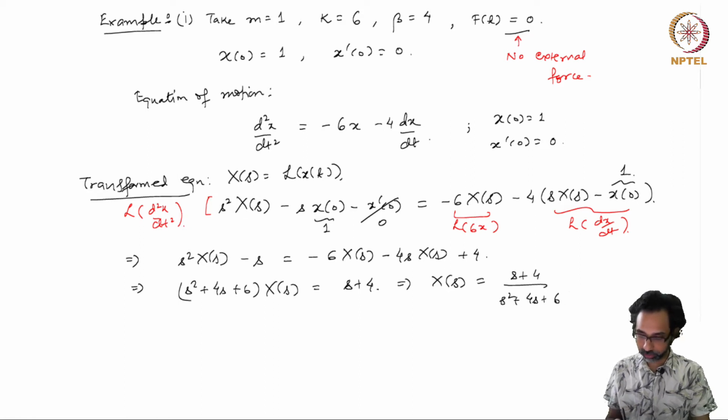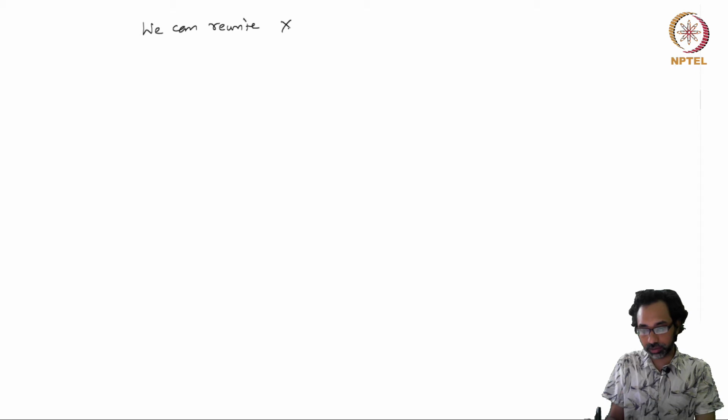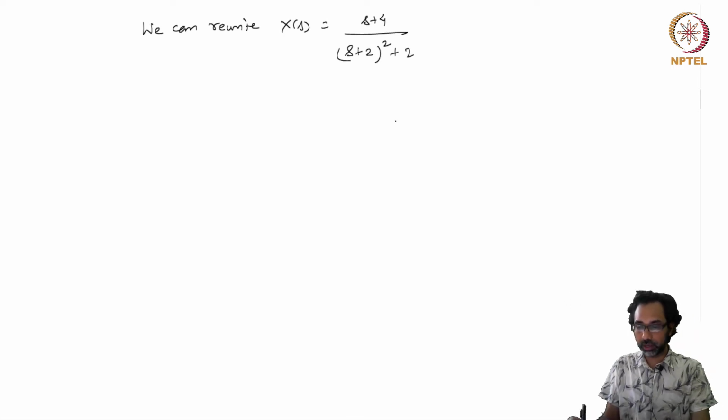So let's try to compute the inverse Laplace transform for capital X(s). Now we can rewrite X(s) as s plus 4 over (s plus 2) whole square plus 2, and so in fact it turns out that there is no need to use partial fractions, because this is easily computable.